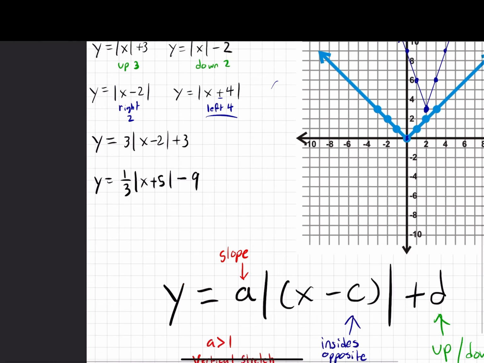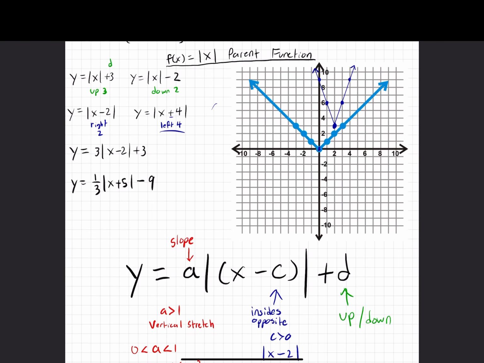Let's get crazy. So we say, find the vertex first. So our vertex, based on these values, positive 5 on the inside, which is opposite. So it's really going left 5, minus 5. And if we're going minus 9, that's down 9. That's my vertex right there from our transformation. So left 5, down 9 would be right here.